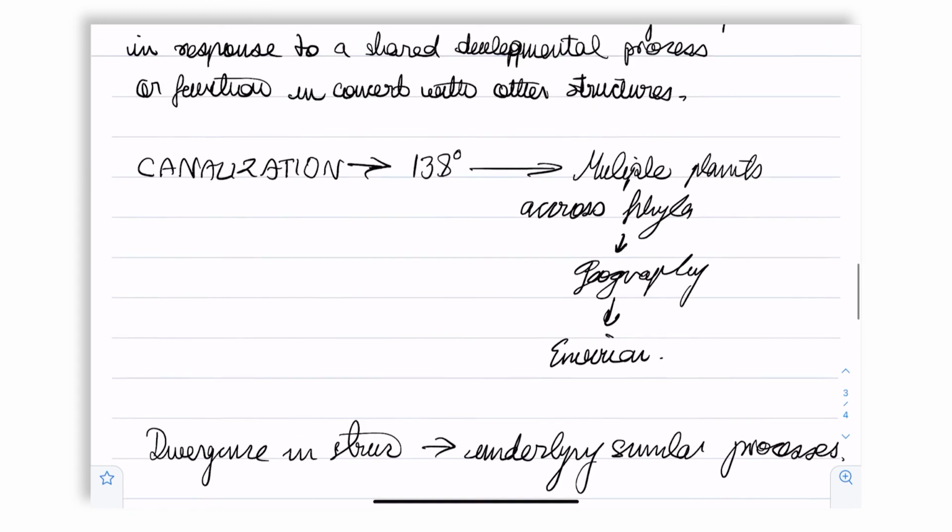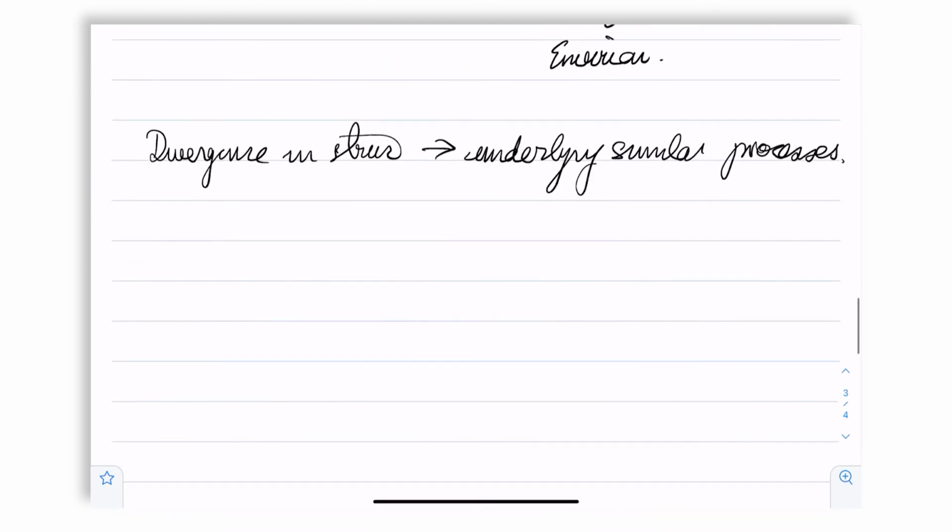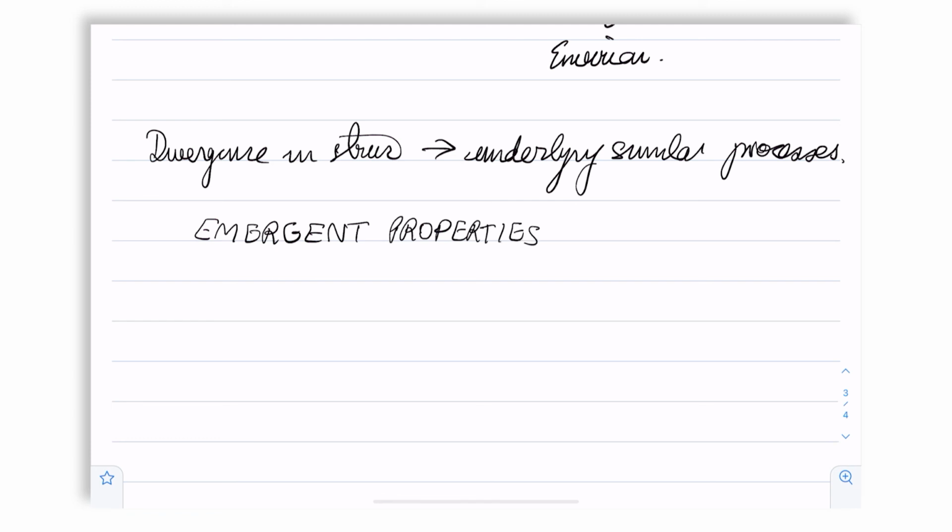These properties, canalization, developmental stability, and morphological integration, we refer to as emergent properties of development.